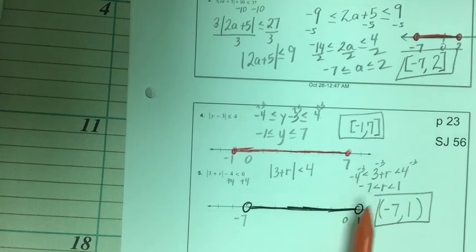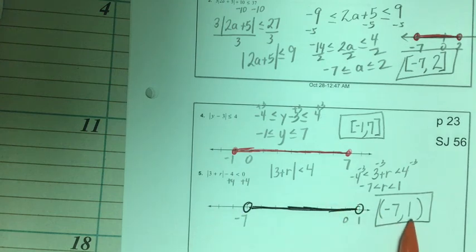I solved. I graphed on the number line. It's an AND conjunction, so I shade in the middle, and it started being shaded at -7, and it stopped at 1. Both of these are open, so I have parentheses.